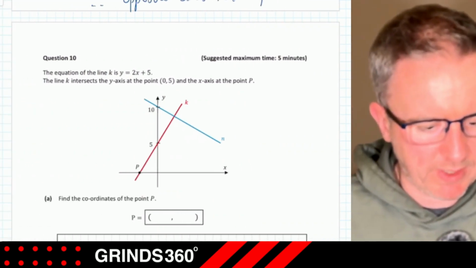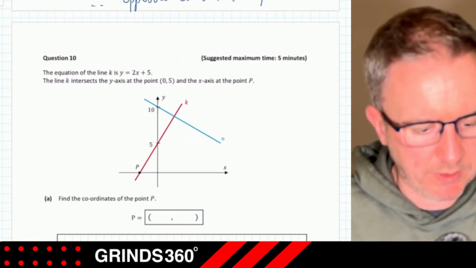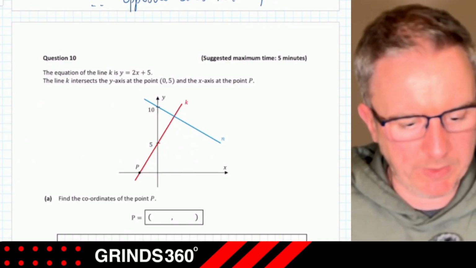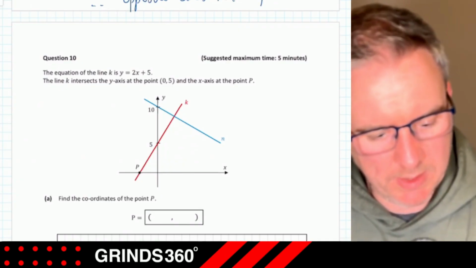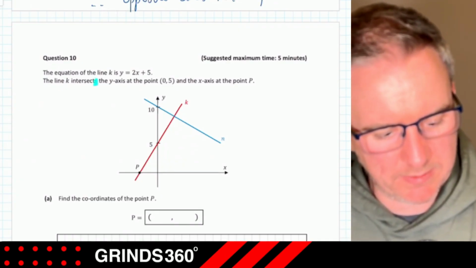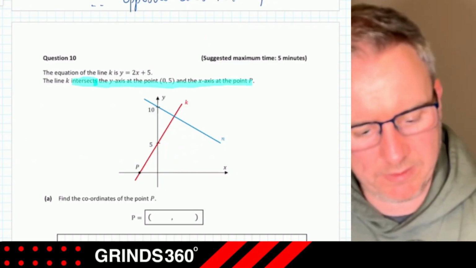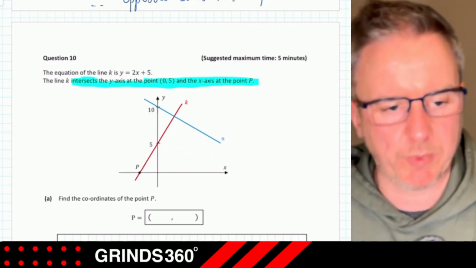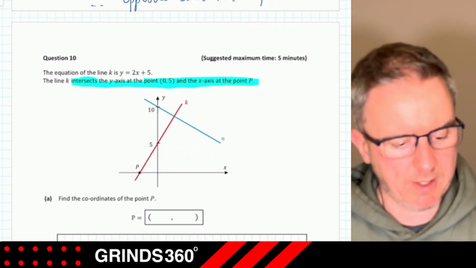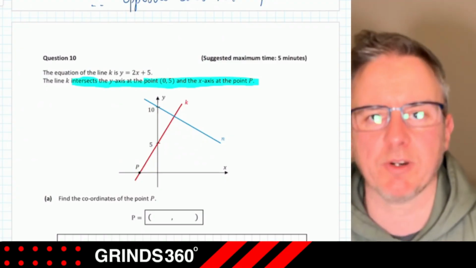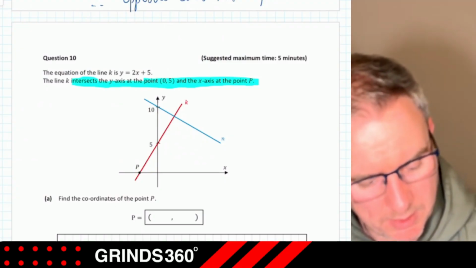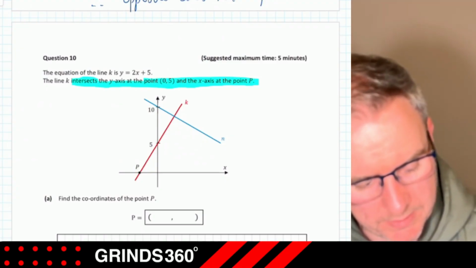So let's look at what they've asked us. The first thing is to find the coordinates of the point P. Now, they have told us that it intersects the y-axis at (0, 5) and the x-axis at the point P. So what are they examining there? If it cuts the x-axis, your y value is equal to 0.